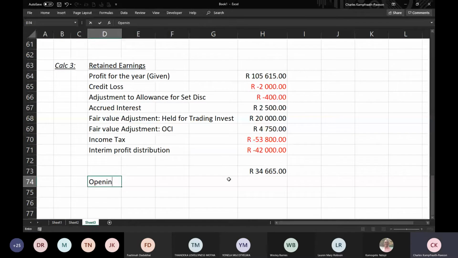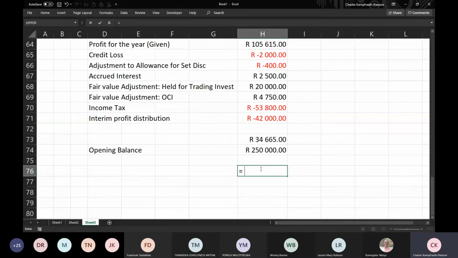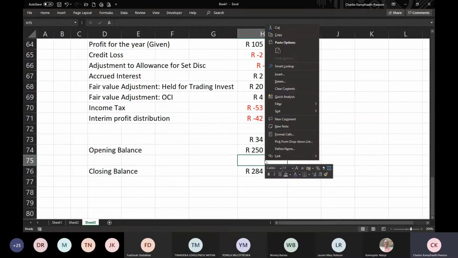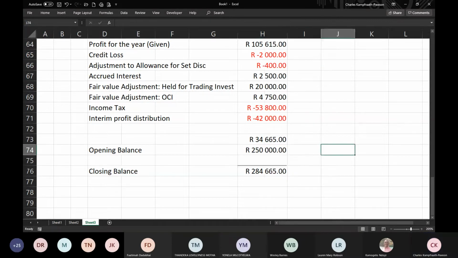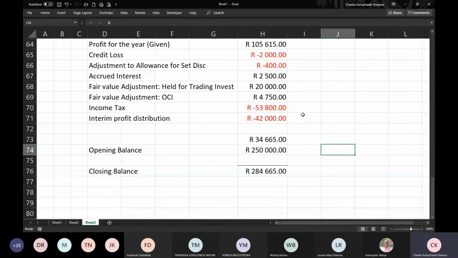So opening, so our closing balance will be... everybody happy with that?